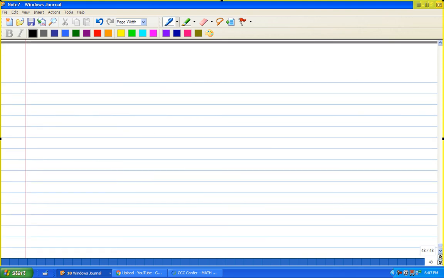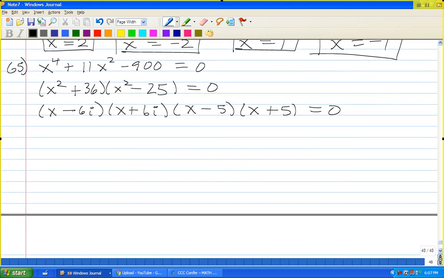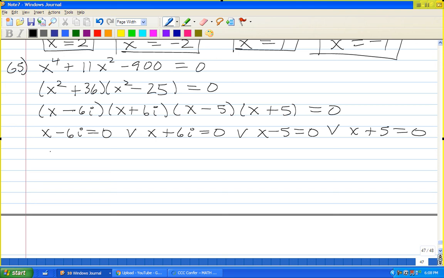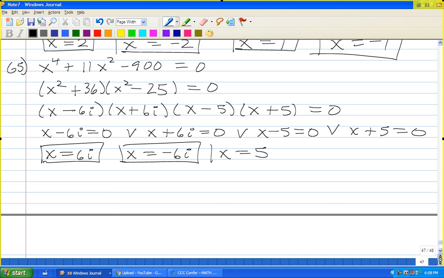And set each factor to 0 and solve for x. Adding 6i to both sides of your equation, x equals 6i. Subtracting 6i from both sides of your equation, x equals negative 6i. Adding 5 to both sides of your equation, x equals positive 5. Subtracting 5 from both sides of your equation, x equals negative 5.